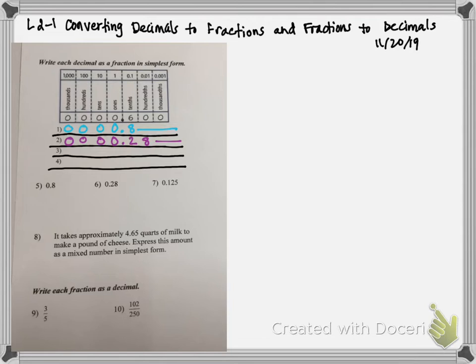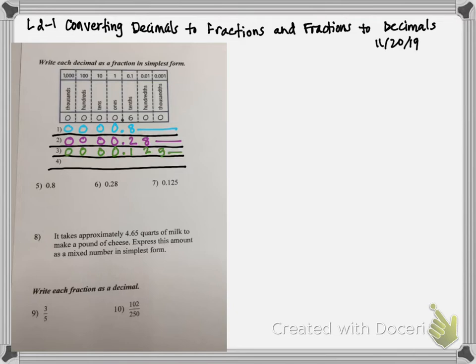We're going to do that in the 3rd spot. So we've got a 0, a 1 in the tenths, a 2 in the hundredths, and a 5 in the thousandths. So that's 125 thousandths. And again, there's no tens, no hundreds, no thousands, and nothing afterwards.